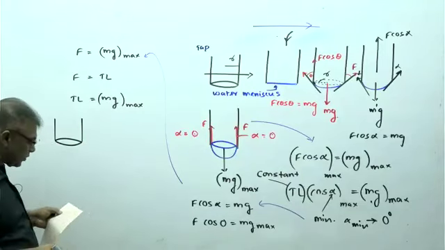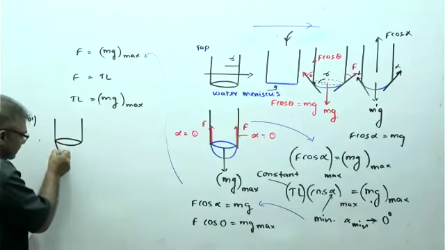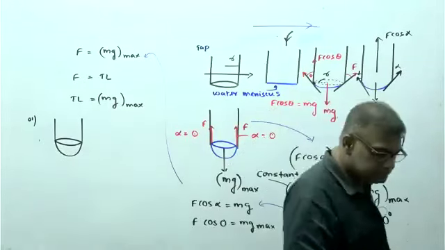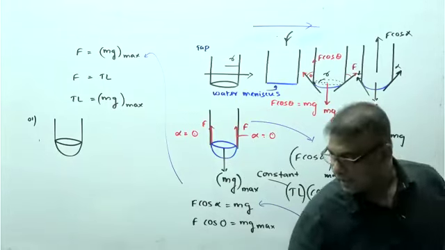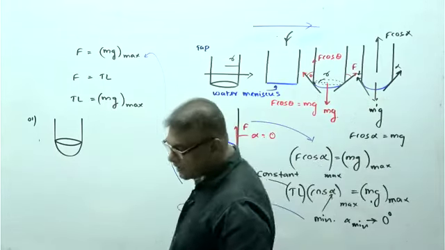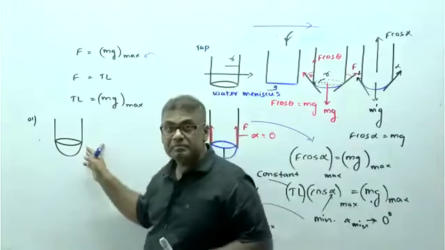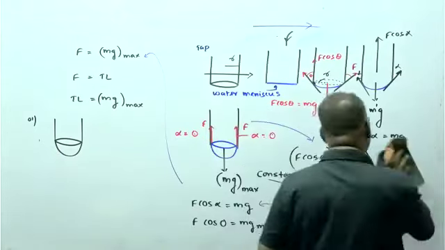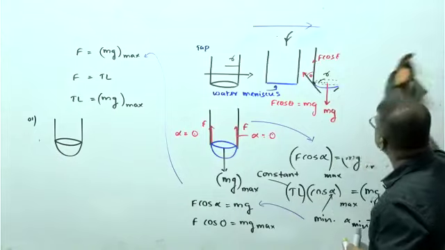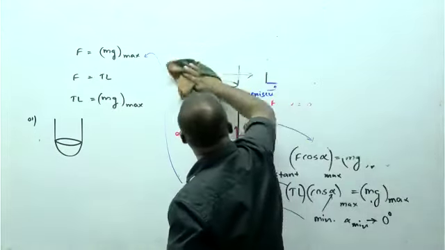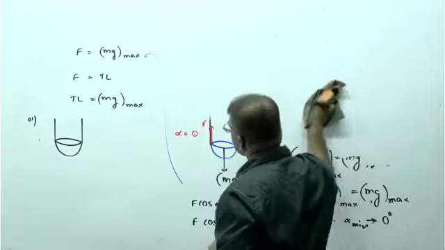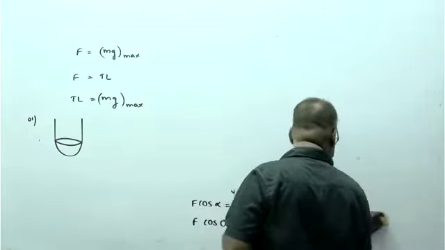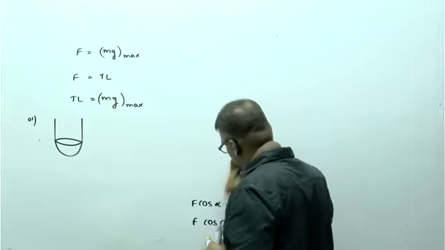The maximum mass of the water droplet is... Mark maximum mass, underline it. Write in your notebook: maximum mass is made by a hemispherical water droplet.